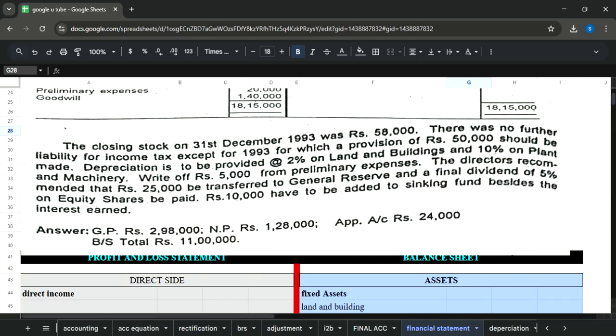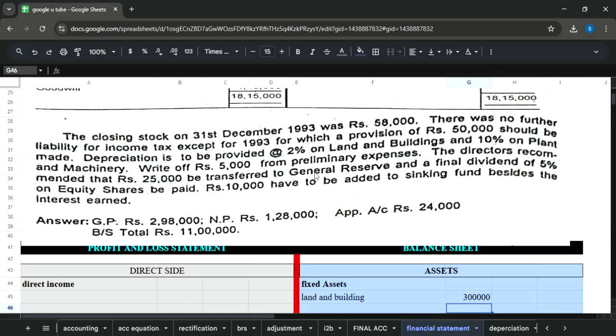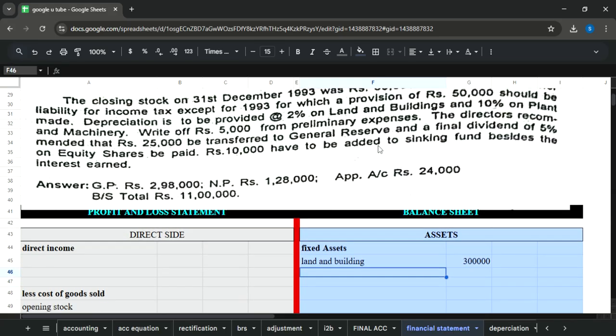So here, as a first step, you will put actual amount or original amount of asset, and next step is to calculate depreciation. 2% on land and building. So here depreciation will be calculated, amount is 3 lakh, and it is said to calculate 2%.